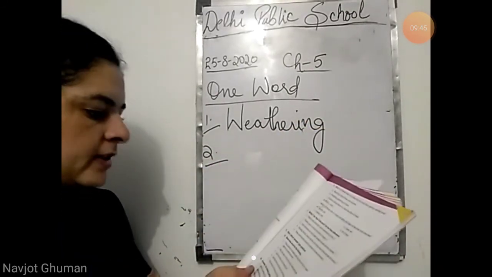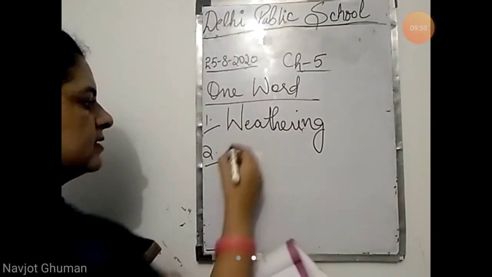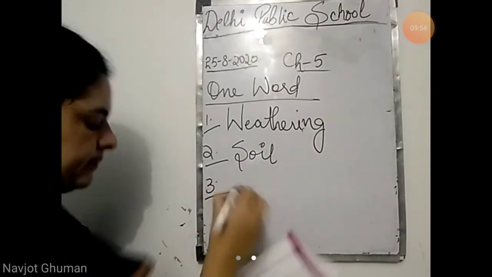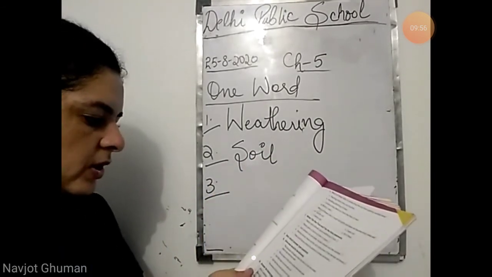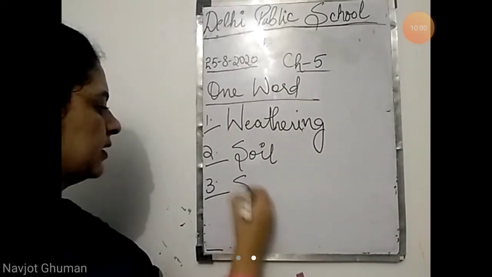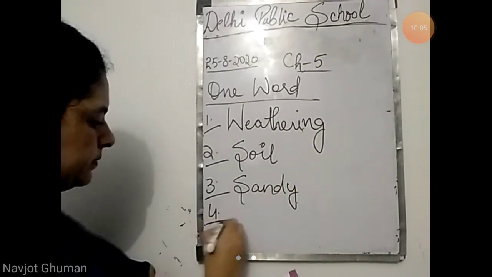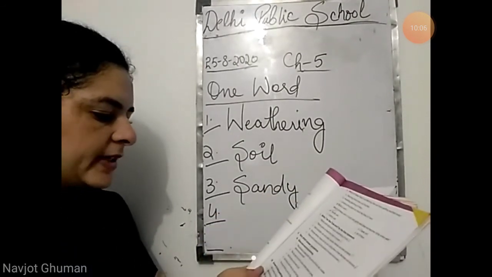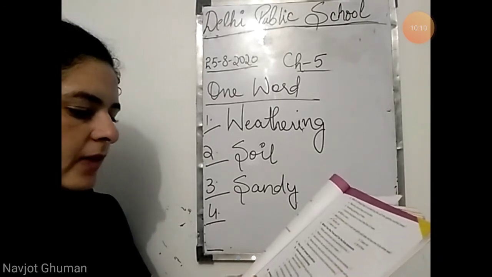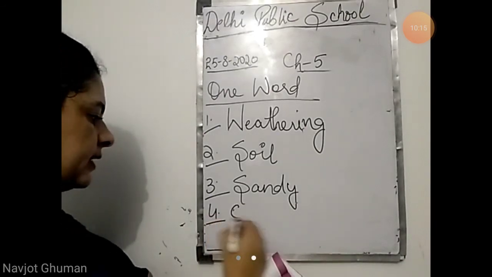Next, the top layer of the earth's surface where plants grow, that is soil. Soil that does not hold water at all, that is sandy soil. Soil that feels smooth when dry and lumpy and sticky when wet, that is clay soil.